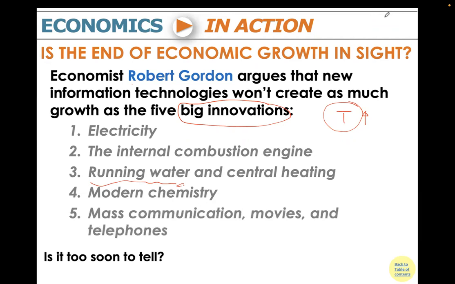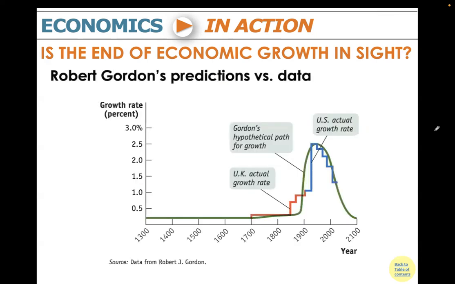But then, what is going to happen next? Are we going to have more innovation or not? Robert Gordon feels a little bit pessimistic. So let's see what his prediction was. This green line is what Gordon predicts.